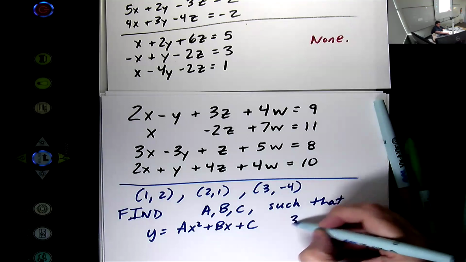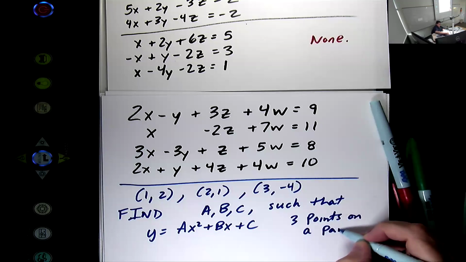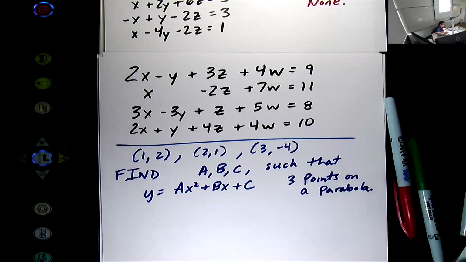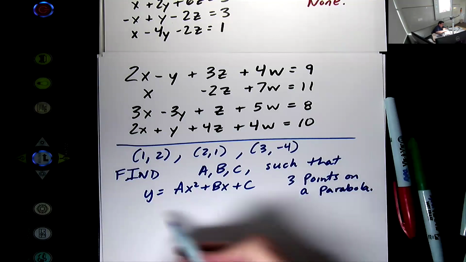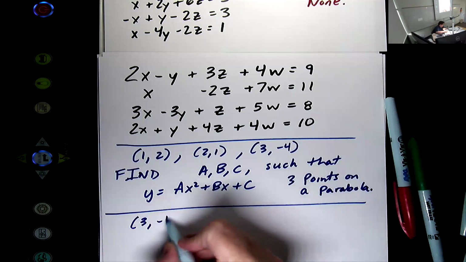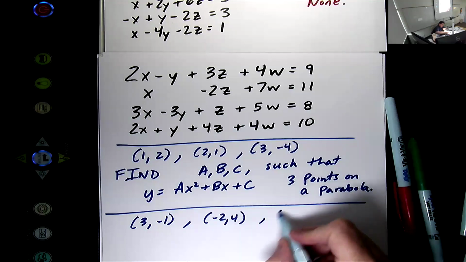So 3 points on a parabola. This is how it ties into 12.1, 12.2, or 12.2, 12.3. And we can also look at another 3 points: 3, -1, -2, 4, and 6, 8.